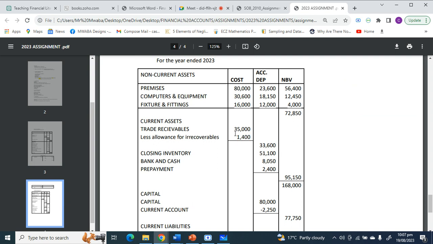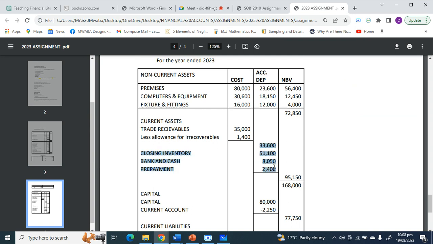So you deduct 1,400 from 35,000. You get 33,600. This is the value for our trade receivables. You add closing inventory from additional information. You add bank and cash, 8,050. You add the prepayment for the advertising, 2,400. Then you add all your current assets.